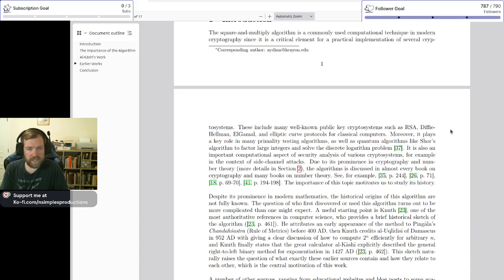Moreover, it plays a key role in many primality testing algorithms as well as quantum algorithms like Shor's, to factor large integers and solve the discrete logarithm problem. It is also an important computational aspect of security analysis of various cryptosystems, for example, in the context of side-channel attacks.